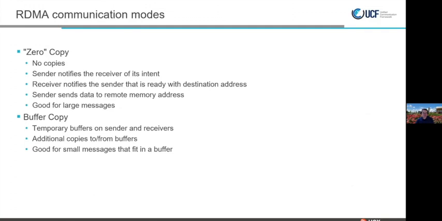Or you might say, okay, I want to copy a small amount of data into a temporary buffer, and then be able to use that for either a send or receive or put get type operation. There are different trade-offs for using each of these. Typically, when you're using a buffered copy, that means that you can reuse the buffer, so you're allocating more memory, but you're also potentially reducing latency because you're not blocking all this source or destination memory region.